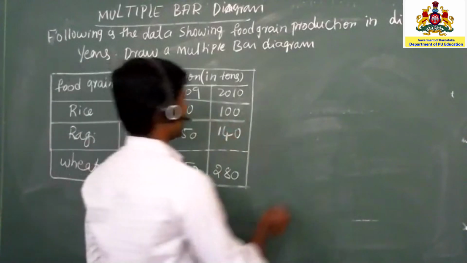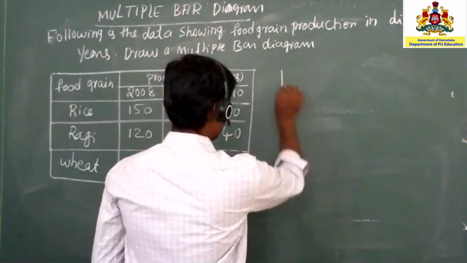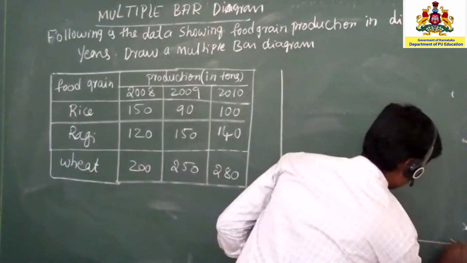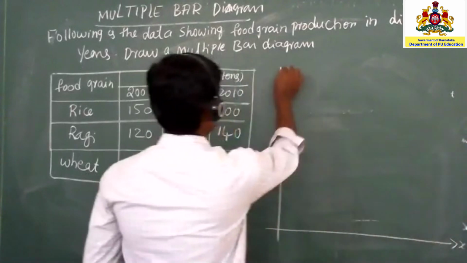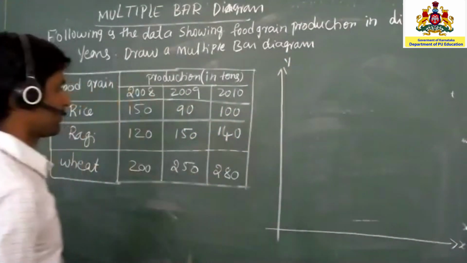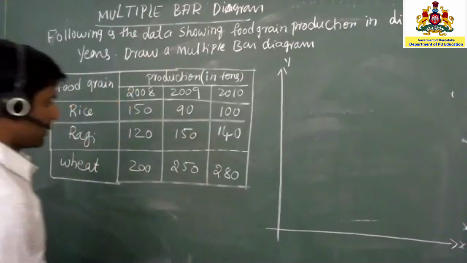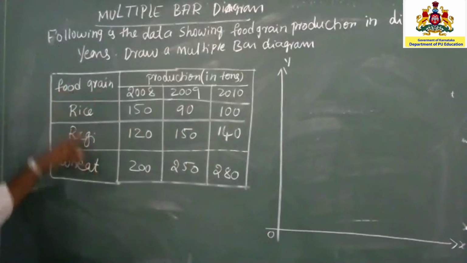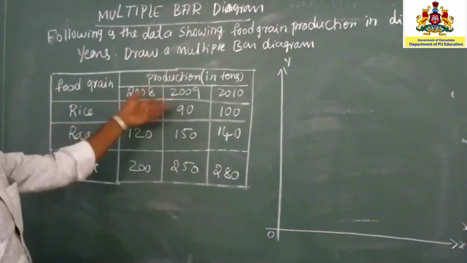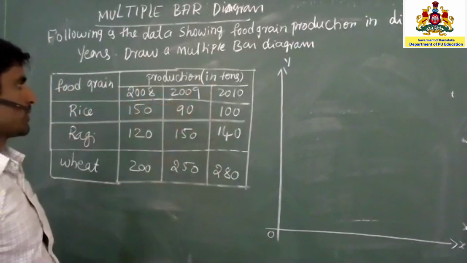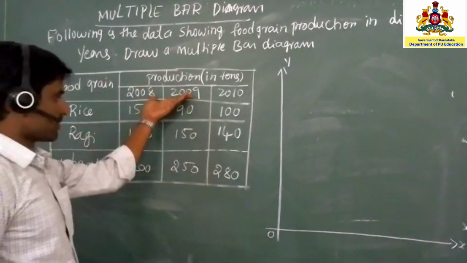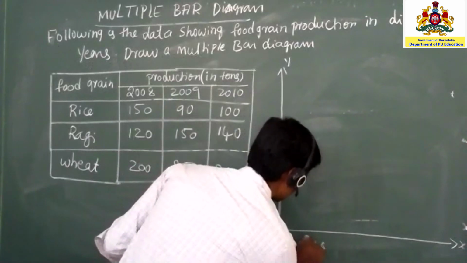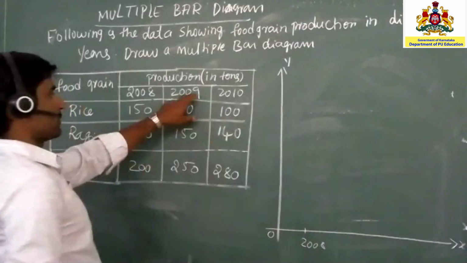Now we will construct the multiple bar diagram, same as the simple bar diagram. X-axis, Y-axis, 0. The food grains are rice, ragi, wheat, and the different years are 2008, 2009, and 2010. I am taking the years along the x-axis.